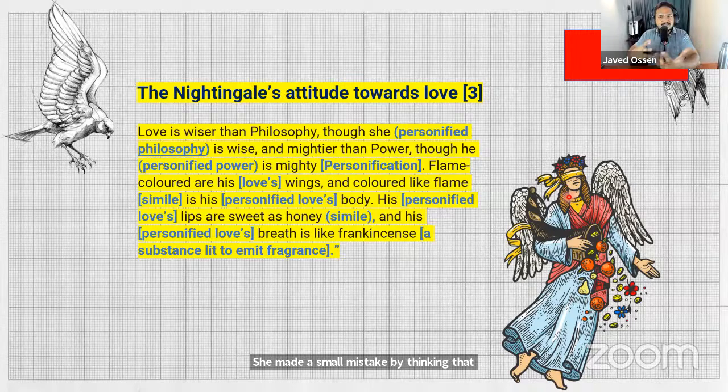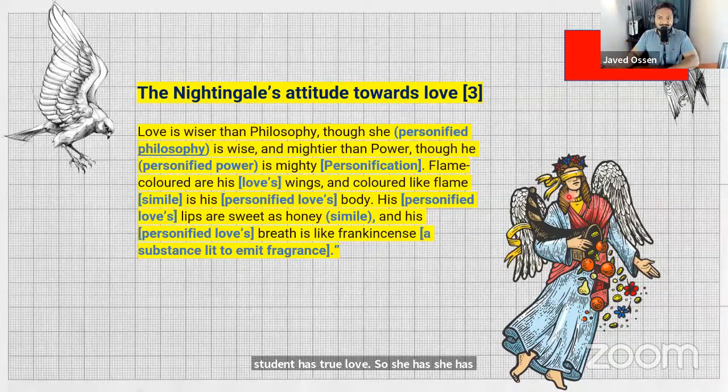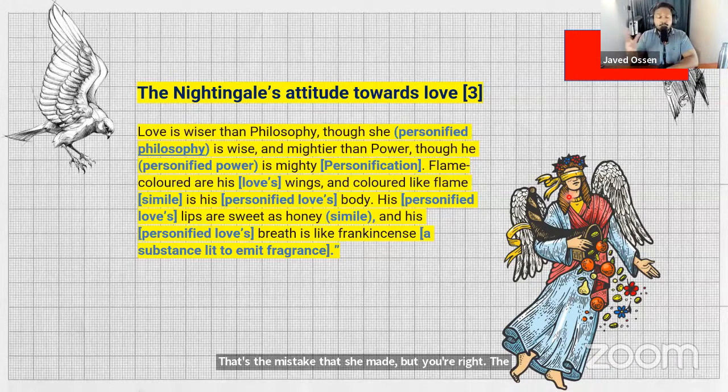That's the mistake that she made. But you're right, the nightingale and the oak tree have a good understanding of real love. In the end, Zia, you can't judge things by their outer appearances. And you're right, Arunya. In The Nightingale and the Rose, there are conceptions and misconceptions of love.